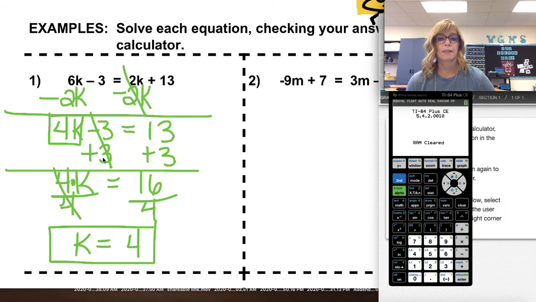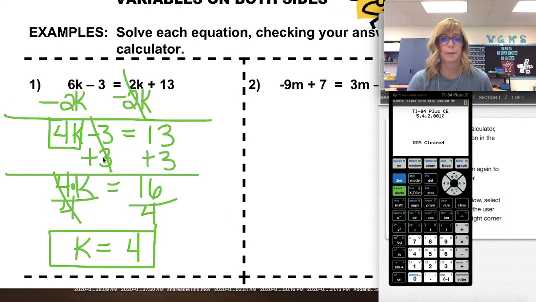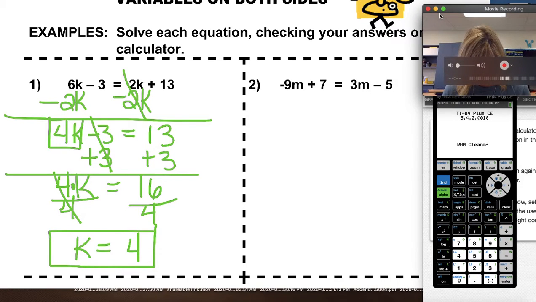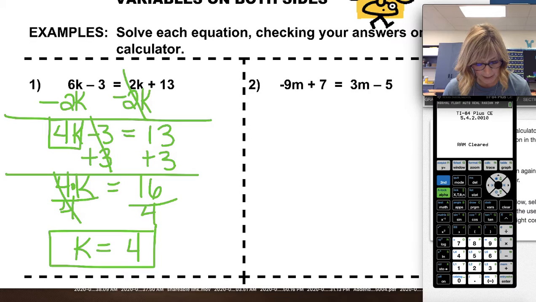Okay, let's look at this next example over here. Negative 9m plus 7 equals 3m minus 5. So on this one, since my 9 is negative, I'm going to add this over to cancel it out.